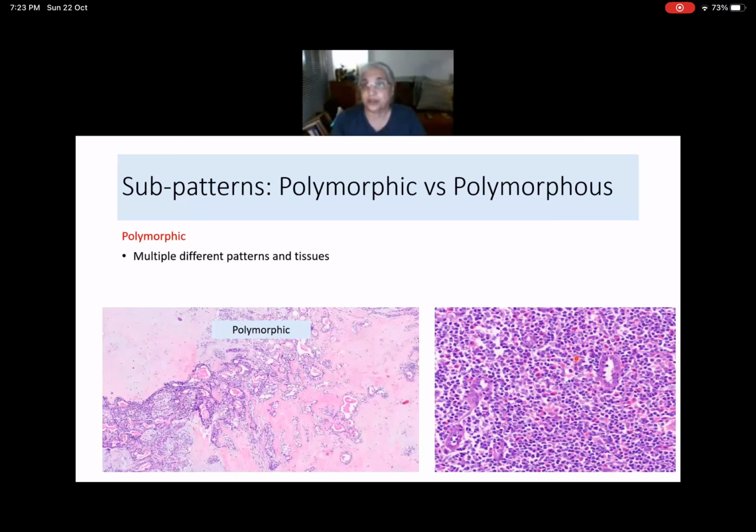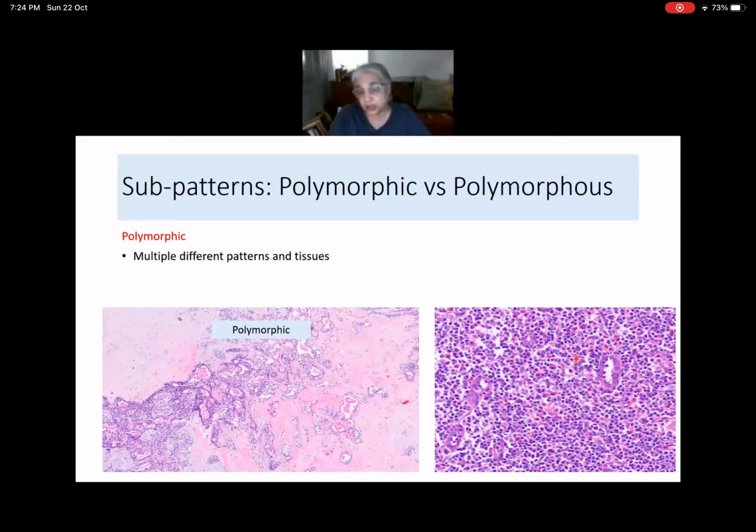You're seeing that there's cartilage, there's myxoid, there are ducts being formed, other cell types which are myoepithelial cells. You can get cartilage, you can get bone, you can get hyaline. That is truly what polymorphic means. And you do get that in some other tumors, but I'm just showing you what polymorphic actually means.